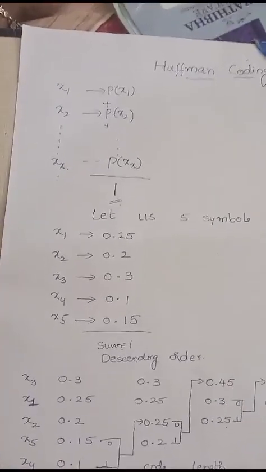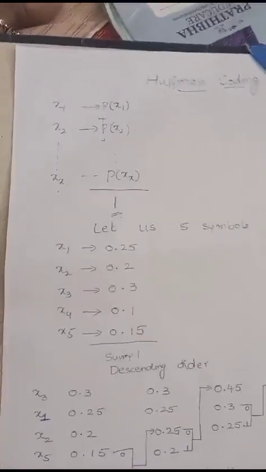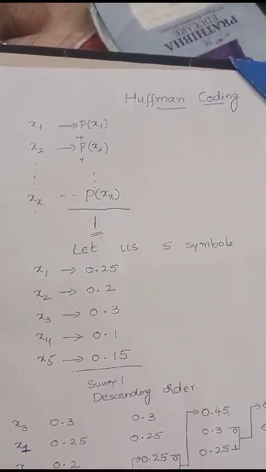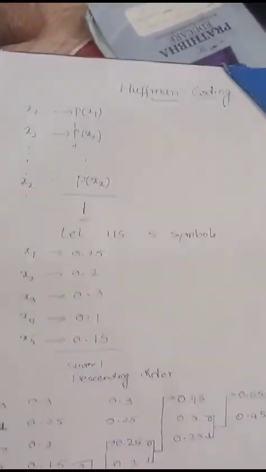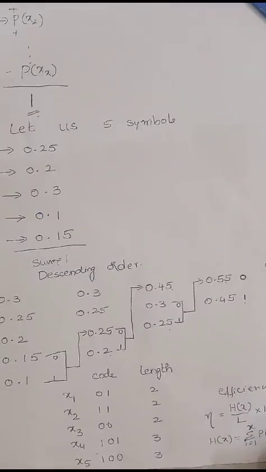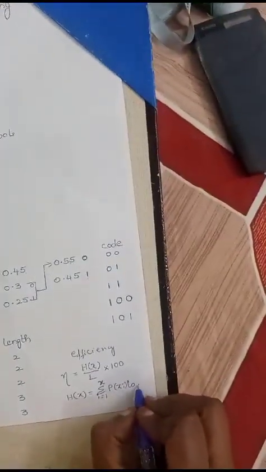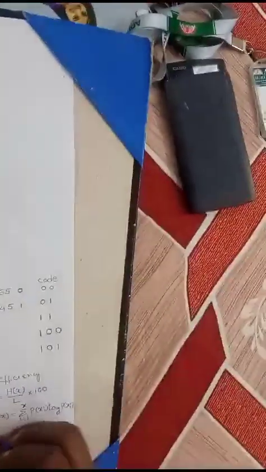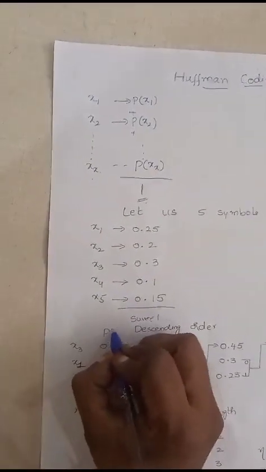H of x we can find using the relation sigma i equal to 1 to x, p of xi log p of xi, where p of xi is the probabilities.